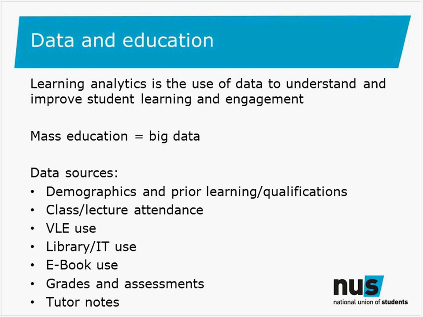All this data, when combined into complex algorithms, can give you a picture of the extent of a student's engagement with their course and their learning. This is going to be incredibly powerful for improving student learning over the next few years. As education gets bigger and more people are in higher education, the data set gets bigger and bigger.